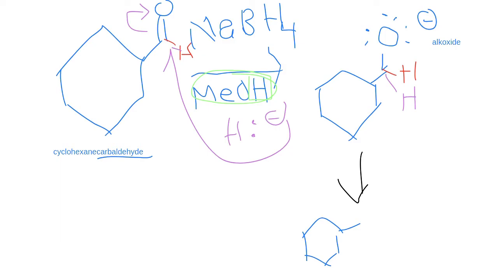We're going to have OH, and we recognize that that hydrogen came from our methanol. It was our acid. And then we have our hydride and our original hydrogen. So we see that in the end, we formed what kind of structure?